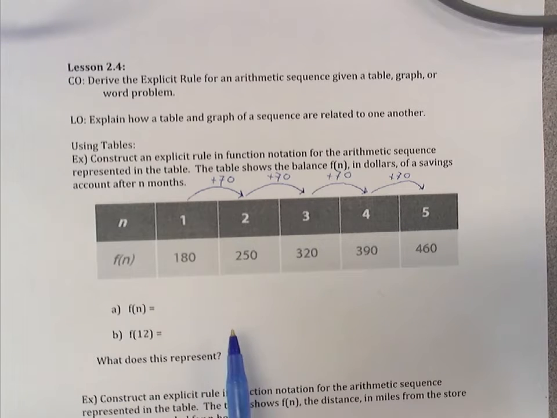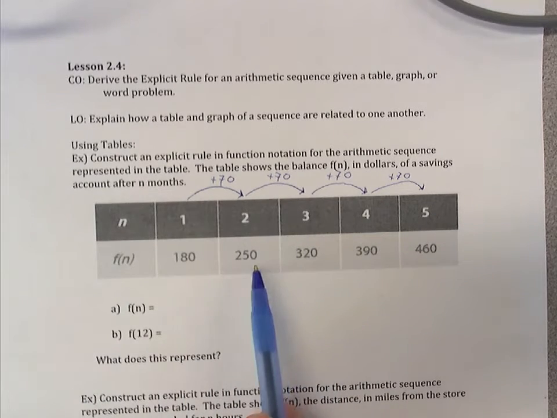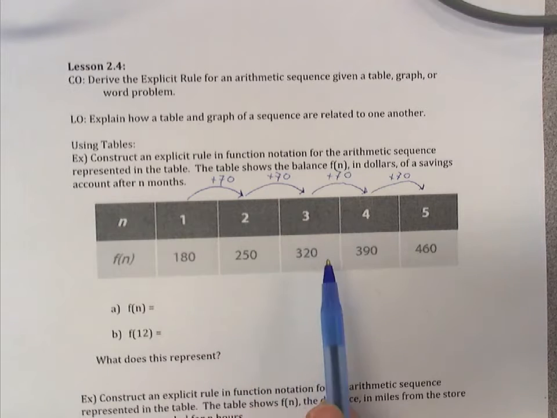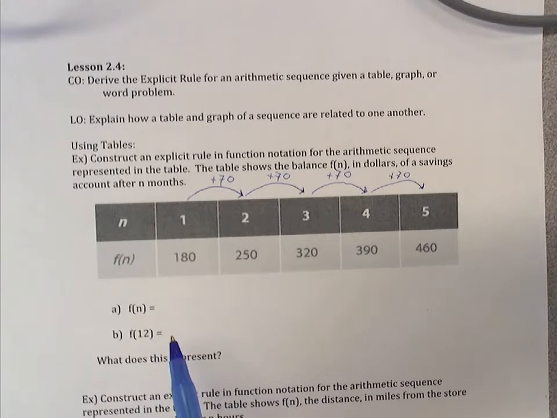So we want a function that's going to express for us exactly what's happening from month to month, but we don't want to have to do this addition each and every time. What if we wanted to know how much money is in the account after 10 months, or 12 months, or maybe even 30 months? We'd want a function that would show that.